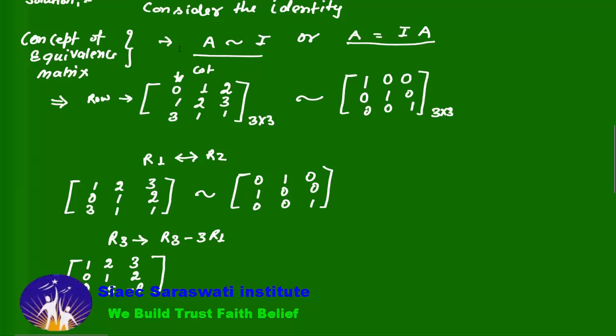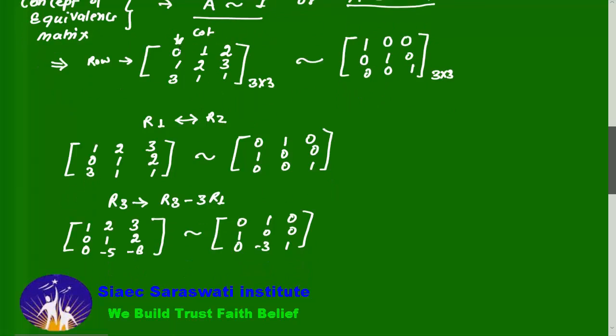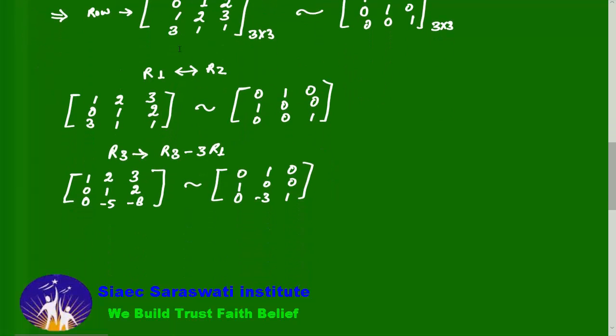Okay, that implies within the identity matrix it will be 0 1 0 and 1 0 0 and 0 minus 3 and 1. Okay, so this will be the value. Done.